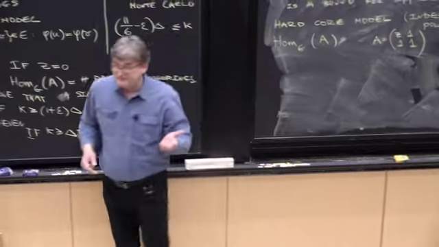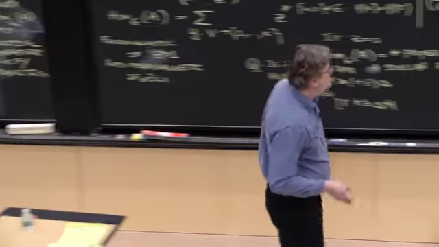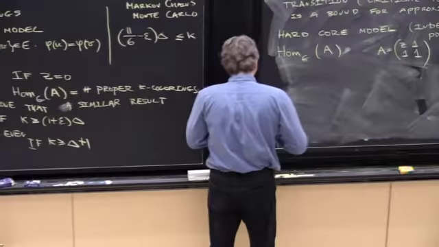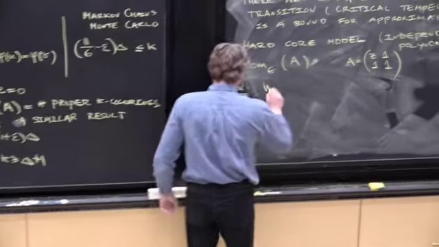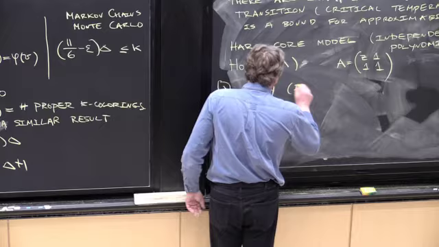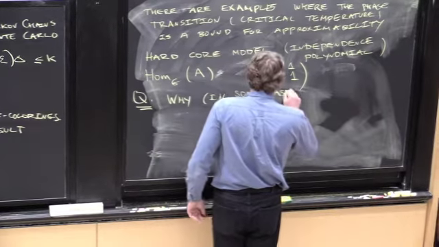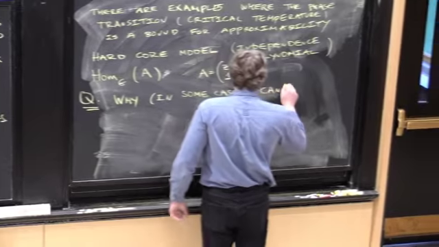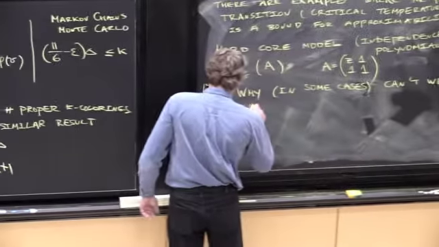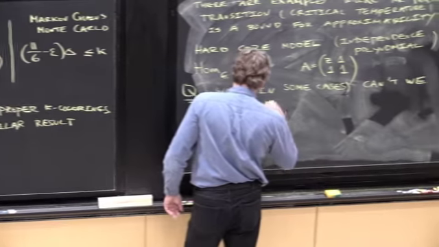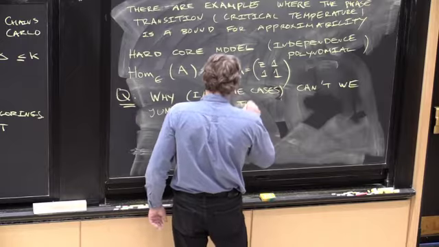sort of a pipe dream wish list. So the question: why, maybe in some cases, can't we jump over a critical temperature, the critical temperature?